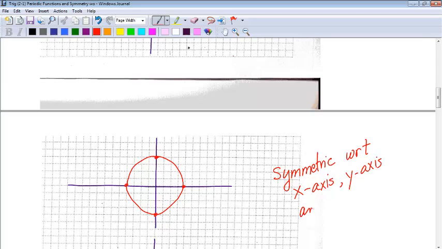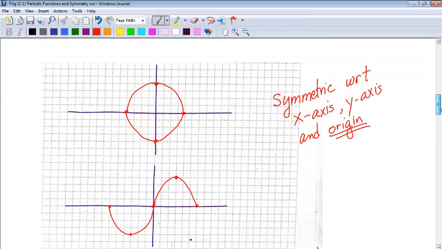and the origin. Now the origin, if you can rotate your graph 180 degrees about the origin, like if I put a pin here and rotated my graph 180 degrees, I would get the same graph, and that's symmetric with respect to the origin. Take another one.